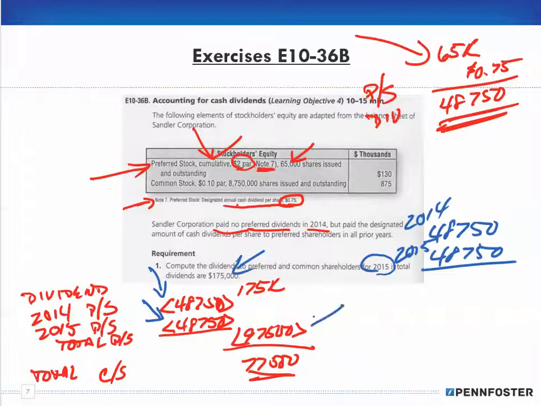So preferred gets 97.5 out of the 175, and what's left over goes to our common stock. All right, so that's it for that exercise.